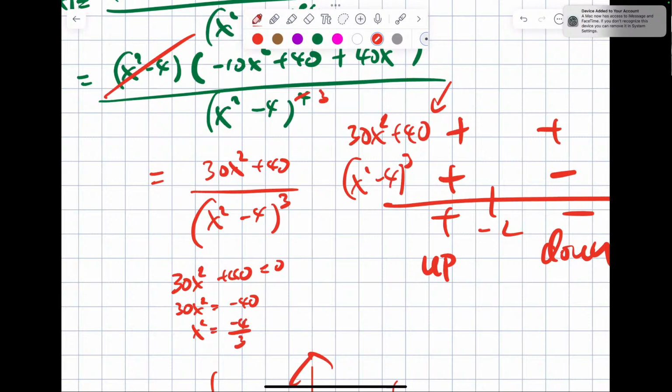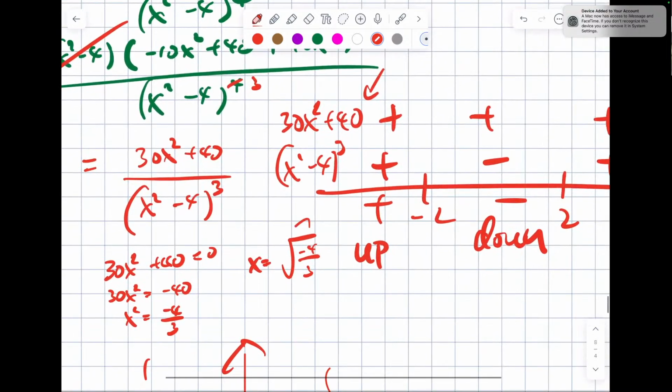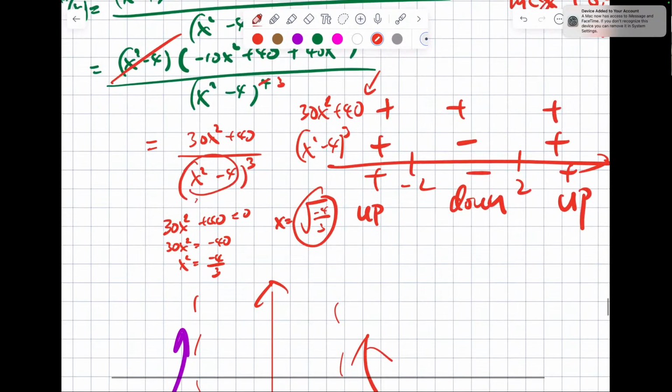Now you cannot take the square root of negative numbers. So x equal to the square root of negative 4 over 3 is not part of the zeros. But we always have to test it. You test it only in the bottom. We only test the bottom, x squared minus 4, so it's negative 2 and 2.